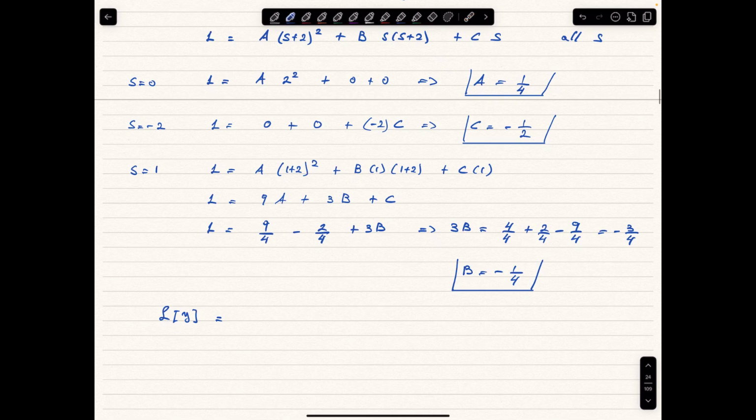So we still have the exponential of negative 3s, and then a is 1/4, multiplied by 1 over s. Then we have plus b, but b is minus 1/4, multiplied by 1 over s plus 2. And then we have c, which is negative 1/2, multiplied by 1 over s plus 2 squared.